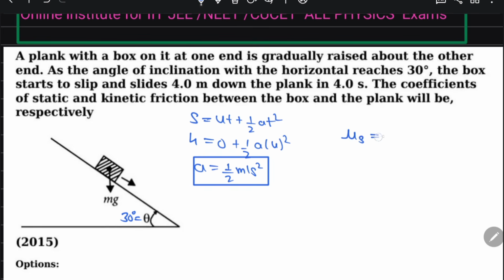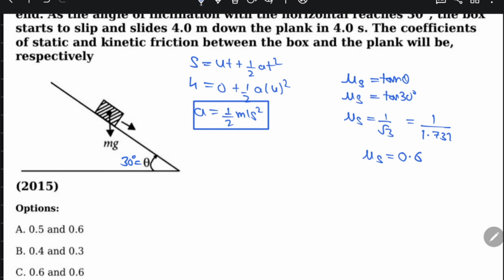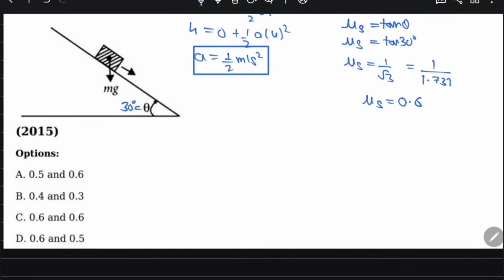So mu s is equal to tan 30 degrees, which is 1 by root 3. So 1 by root 3 means 1 divided by 1.732, and this comes out to be mu s is 0.6.